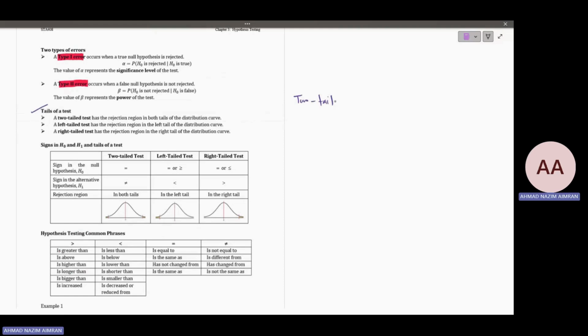In a two-tail test, it means that we are testing our hypothesis in both tails of the distribution, on the right tail and on the left tail. If you remember, we have done this in the confidence interval, in which we calculated the confidence interval.